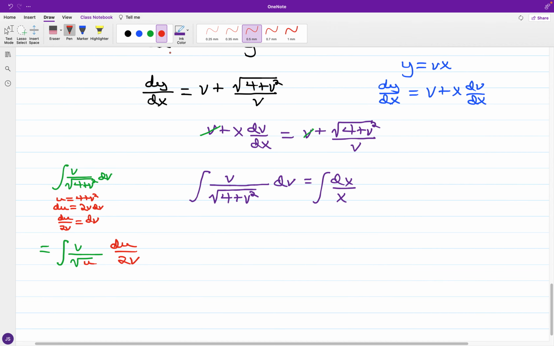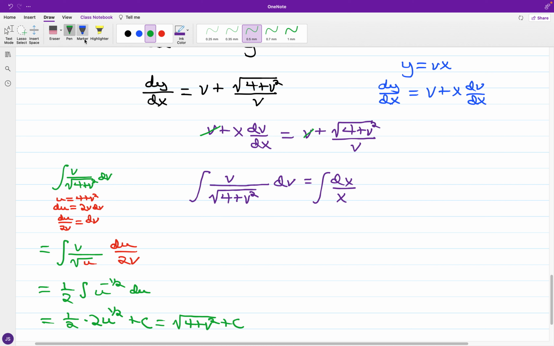and following through, okay, you're going to have 1/2 of the integral of u to the negative 1/2 du, and guess what? We have 1/2 times 2 times u to the 1/2 plus c, back substituting, and this is going to lead to the square root of 4 plus v squared followed by the constant.